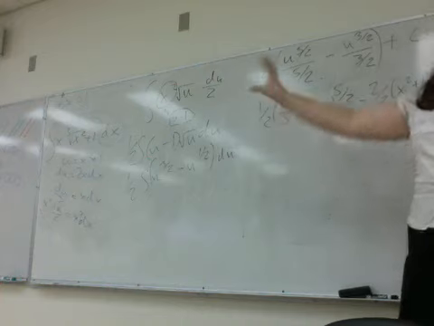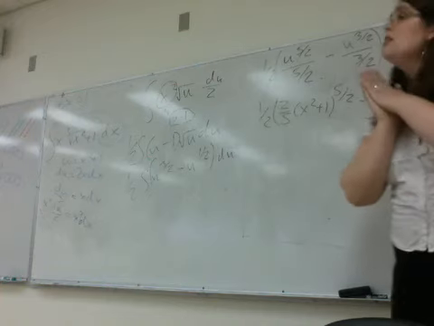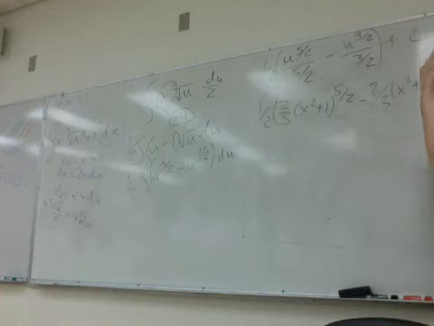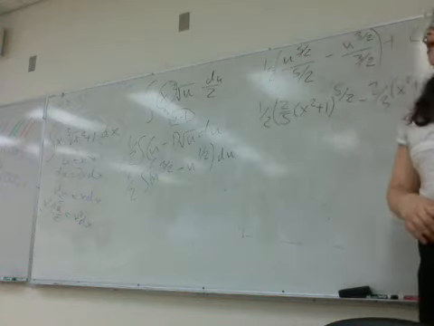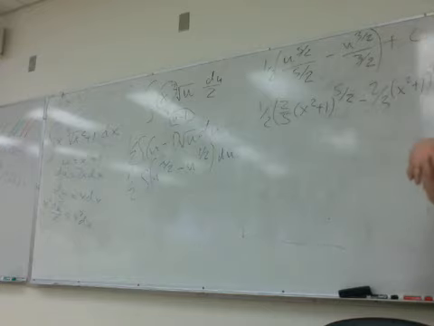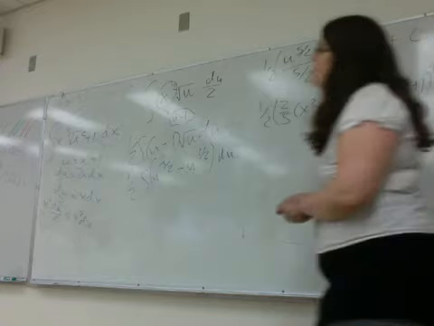So, the key thing is that when there are limits of integration, there are actually two different ways of approaching this sort of problem, and I'm going to talk about both of them. Both of them are valid. I prefer the second way because it's a little bit faster, but both are valid.